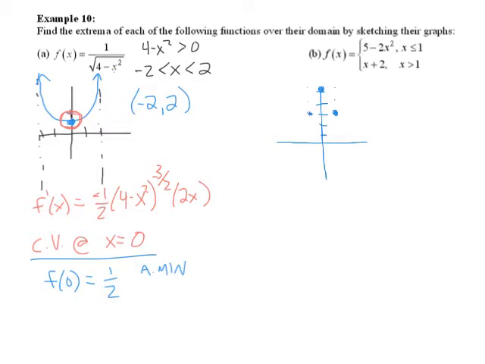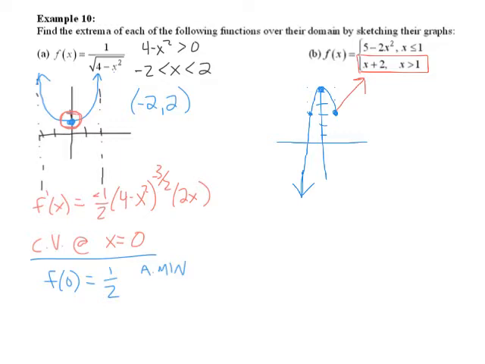So our parabola looks something like that for x less than or equal to 1, and then for the second piece of our function we get a line of slope 1 and a y-intercept of 2, and it looks like that.